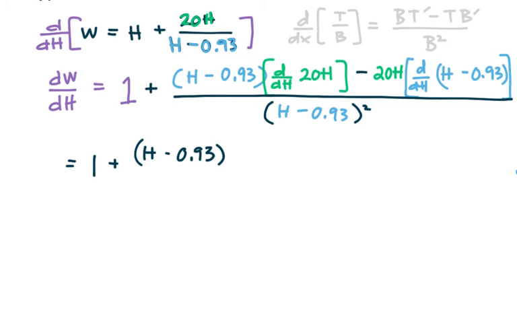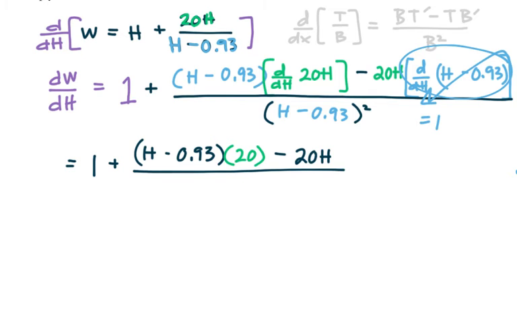The derivative of 20h is 20 by the power rule, minus 20h, and the derivative of h minus 0.93: the derivative of h is 1, the derivative of 0.93 is 0, and 1 minus 0 gives me times 1. Of course, I do not need to write times 1 there, so that piece is equal to 1. All right, so now we have all of that still over the bottom squared.